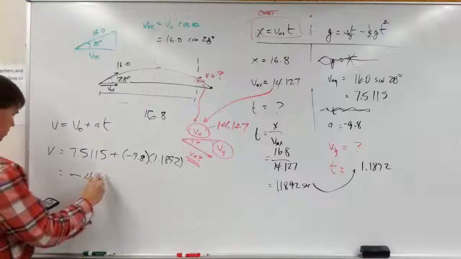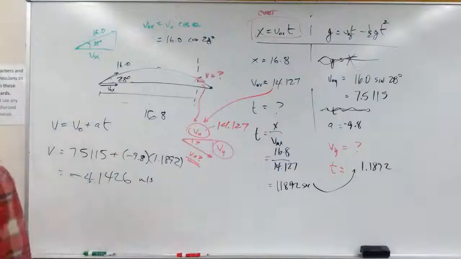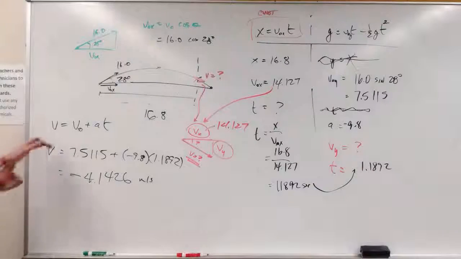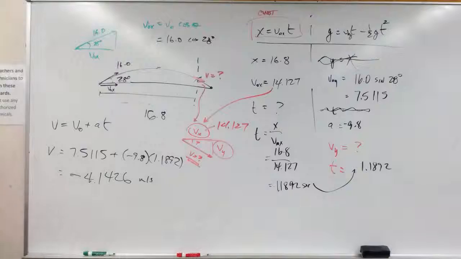Negative 4.1426 meters per second. I always like to double check that sign, make sure it makes sense. Yes, it makes sense because that velocity is going down at the end there, right?